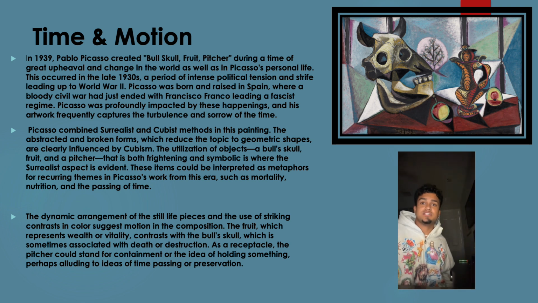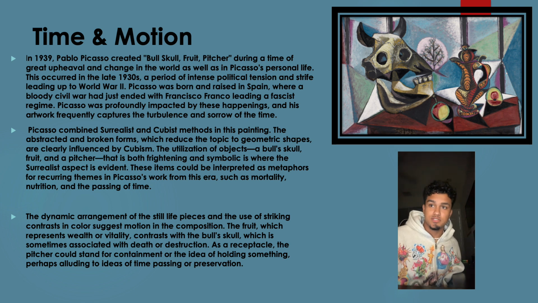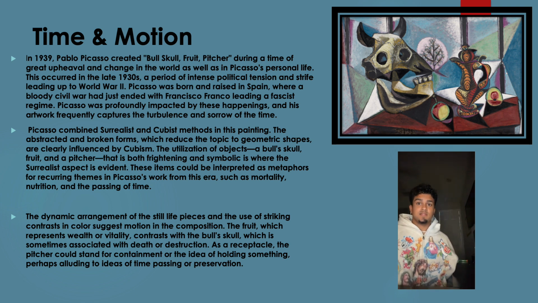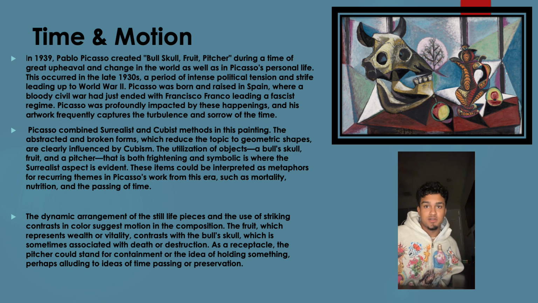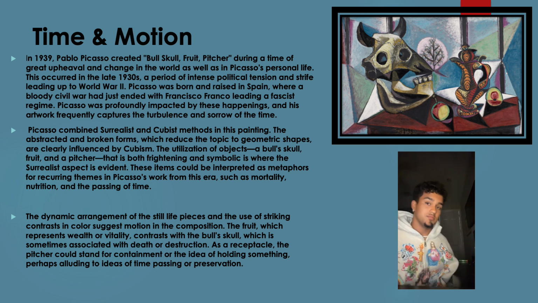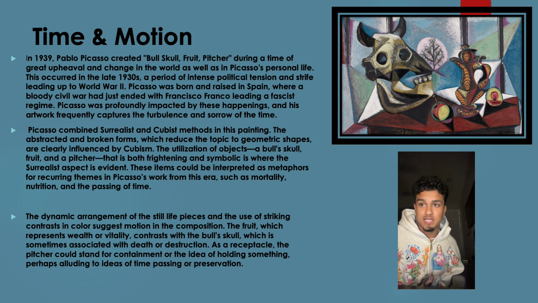The utilization of these objects and bull skulls carries a frightening and symbolic meaning, which is where the surrealist aspect is evident. These items could be interpreted as metaphors for recurring themes in Picasso's work from this era and other paintings: mortality, nutrition, and the passing of time.